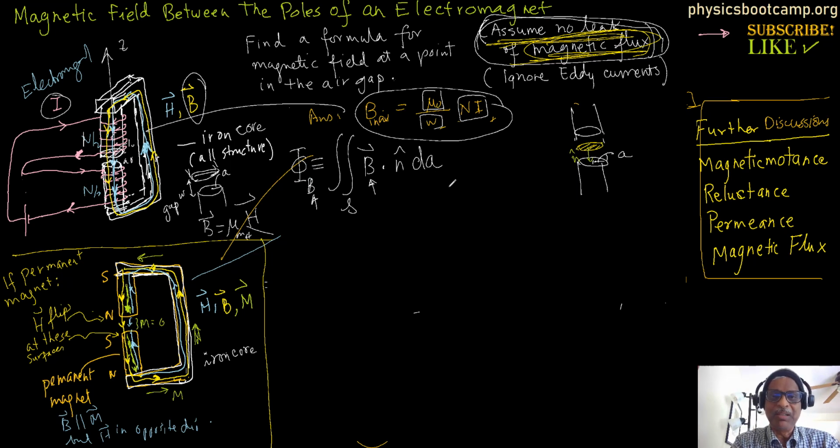So with this B, we are going to get mu naught N over W pi A squared times I. Okay, so the flux of B in this case, and we assume this flux is this value we obtain around in the air gap, is the same over here, same over here, same over here.